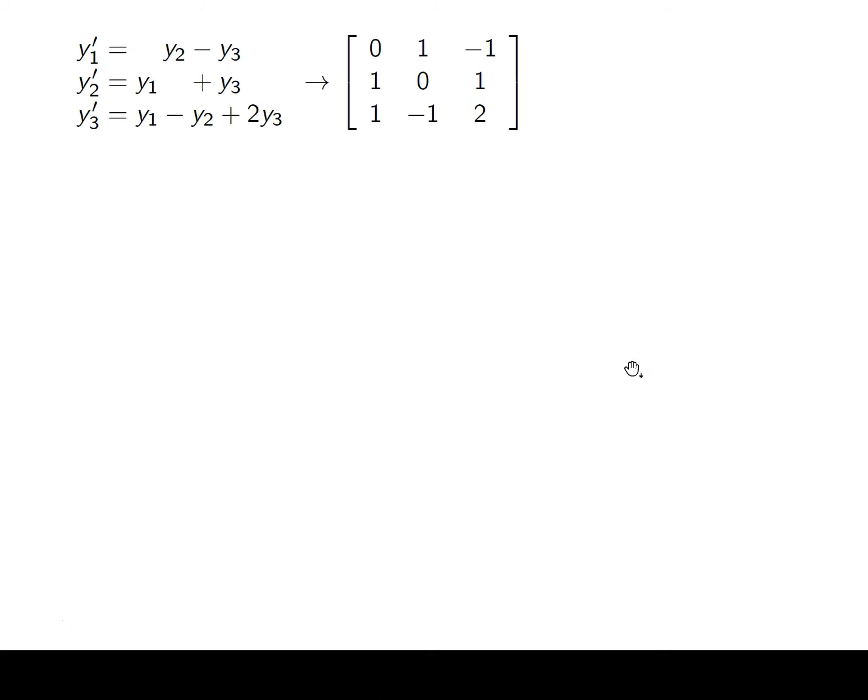All right, so I have my coefficients 0, 1, negative 1, 1, 0, 1, 1, minus 1, 2. I'm going to multiply that times my variable vector. The things that I'm using here as variables are the functions themselves, y1, y2, y3. So if I multiply this times this, I get my first function, and that should equal y1 prime.